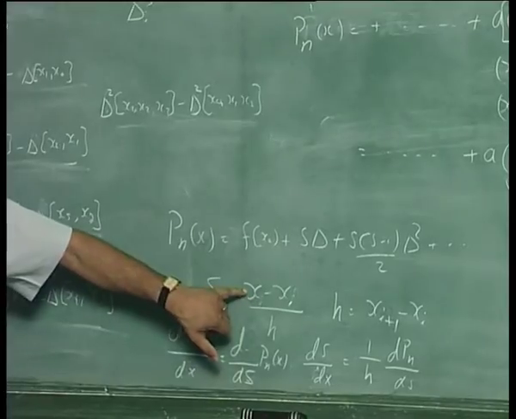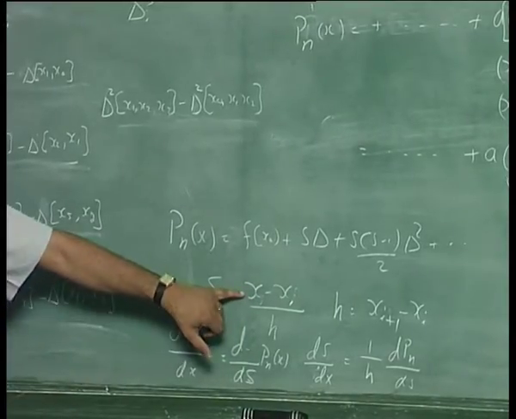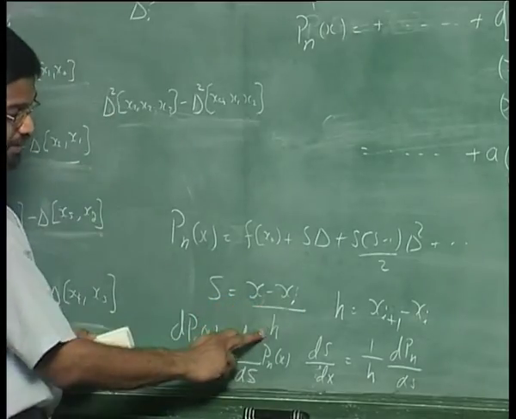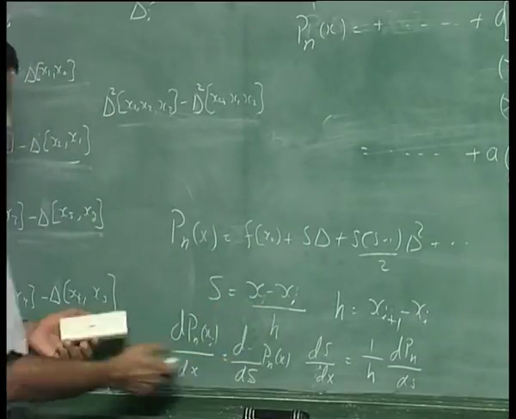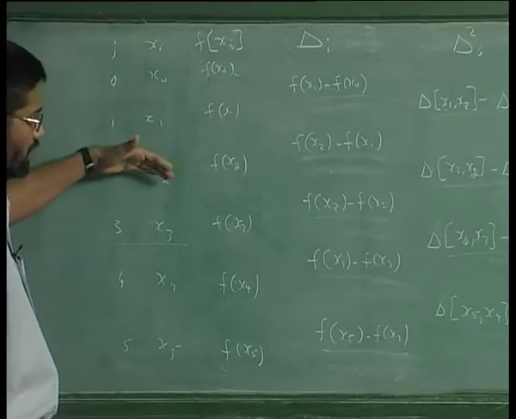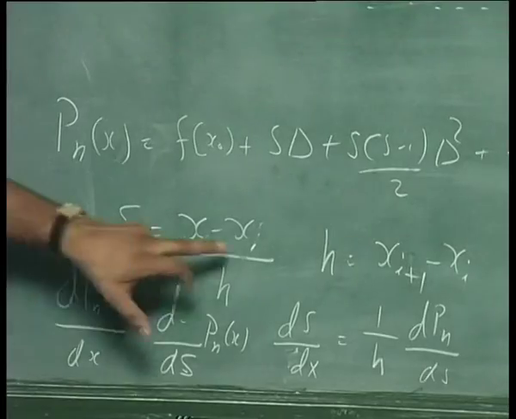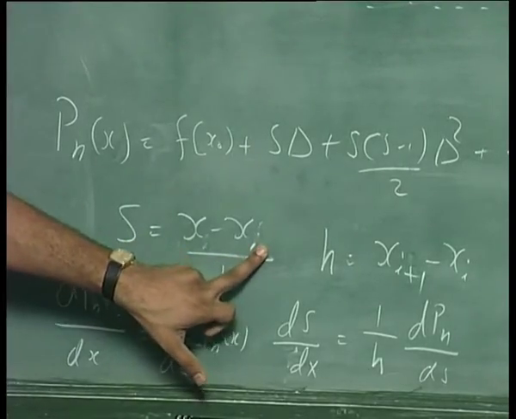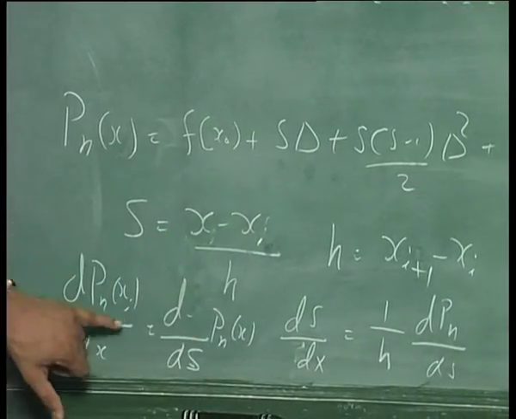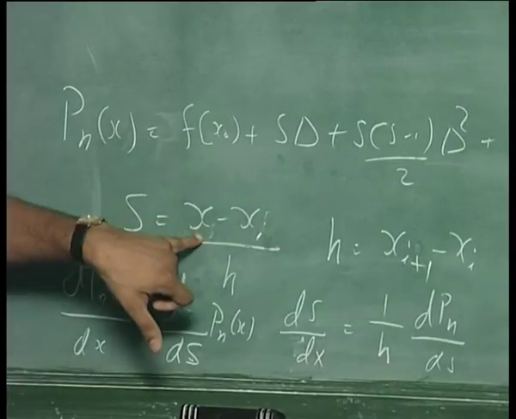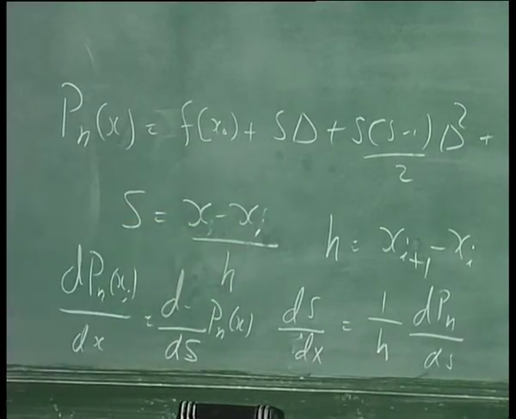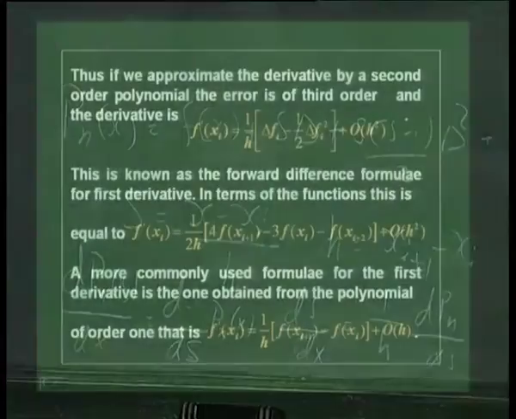Then s becomes xi minus xi minus 1 divided by h, which is 1. So instead of entering at xi, I could enter at one value earlier, and evaluate the derivative at xi. So s becomes 1, and the formula becomes even simpler.